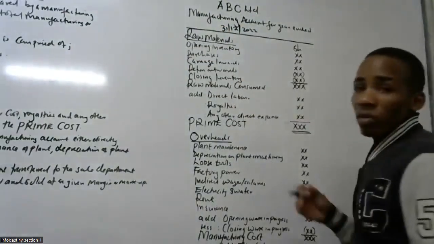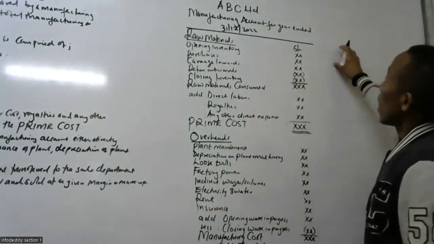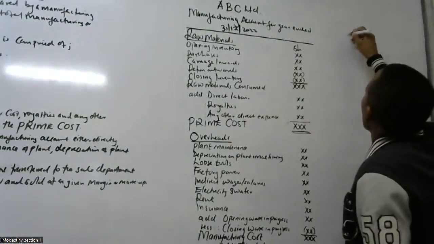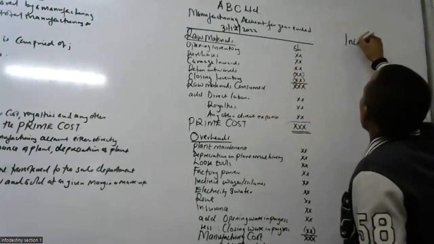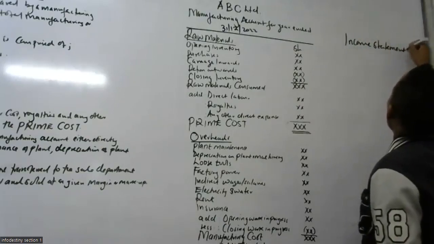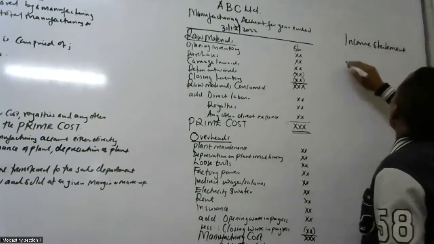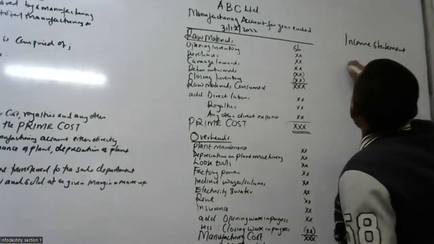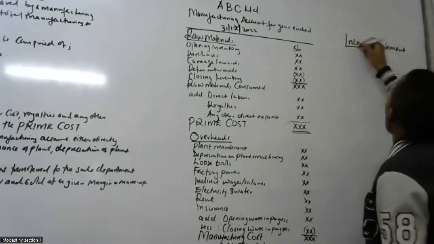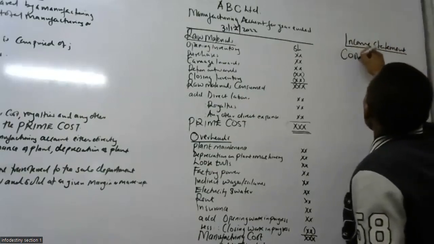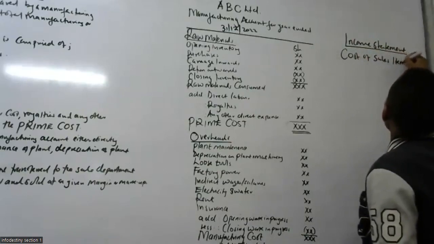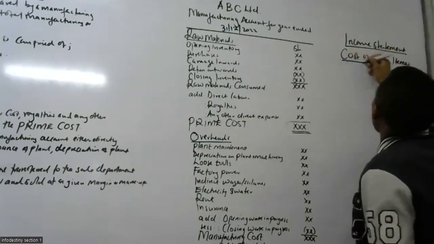So we can just write in income statement, cost of sales items. How do we determine the cost of sales?